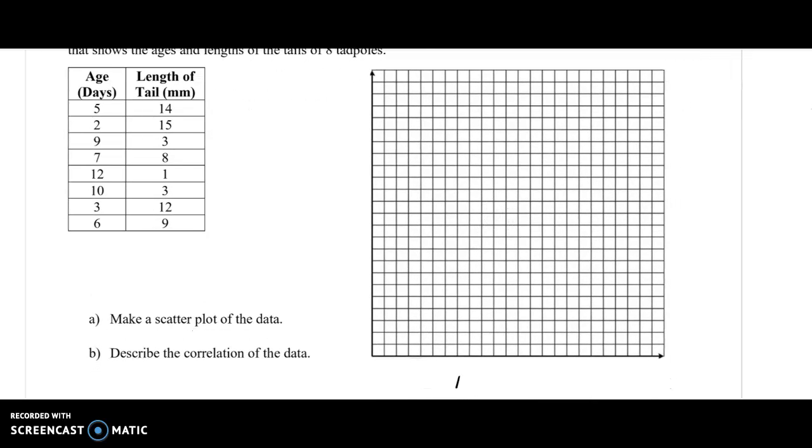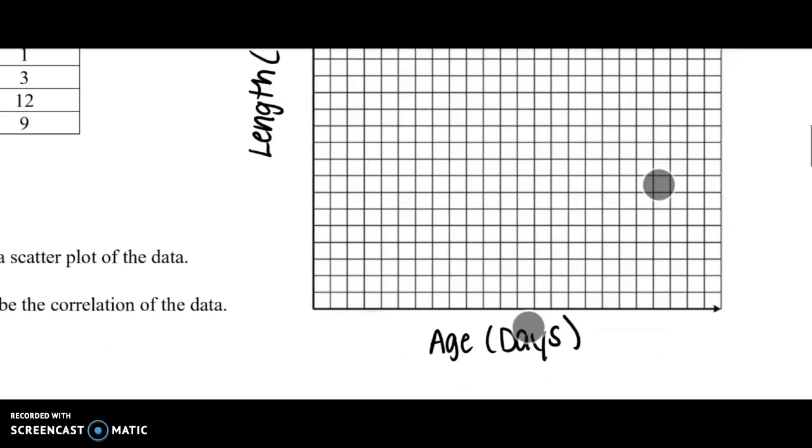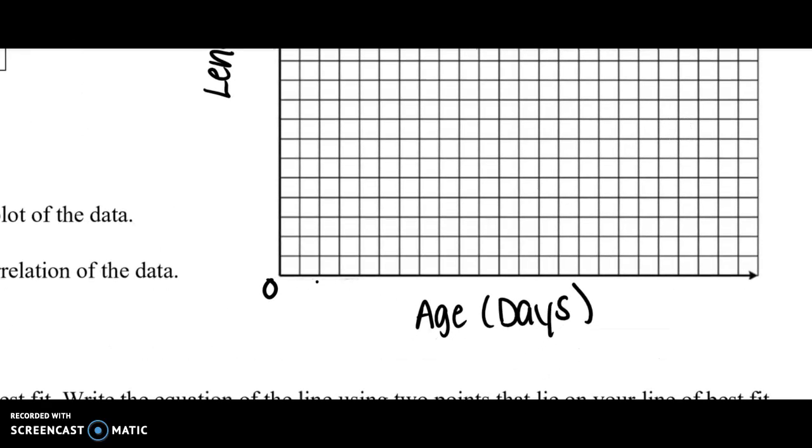So we have the age on the x-axis, that's measured in days, and we have the length of the tail on the y-axis measured in millimeters. Okay, so the age, it looks like we can just count by ones. So I'm just going to do every other for space.